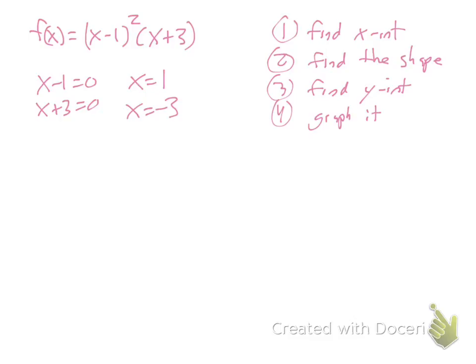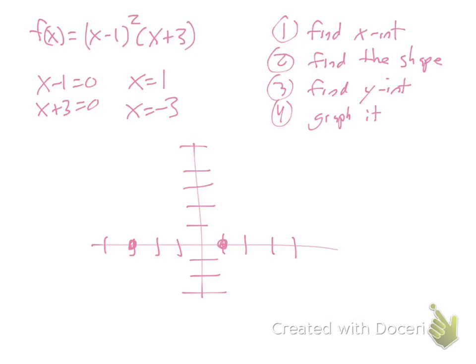So that means that you have your x-intercepts. And when I go to graph it, I need to plot these. So I make myself a graph: -3 and 1. So everybody can plot their x-intercepts.